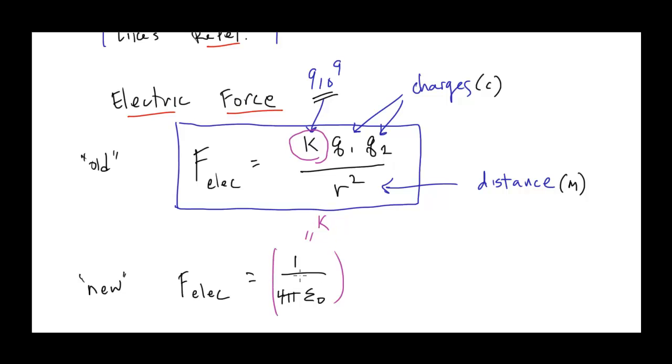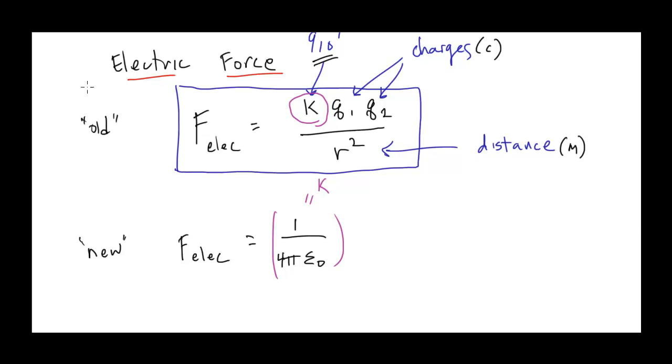I would instruct you to think about what it is about this 4 pi. What does 4 pi invoke in your brains? This isn't a random number. There's a reason for this 4 pi. The epsilon 0, by the way, is new to us.